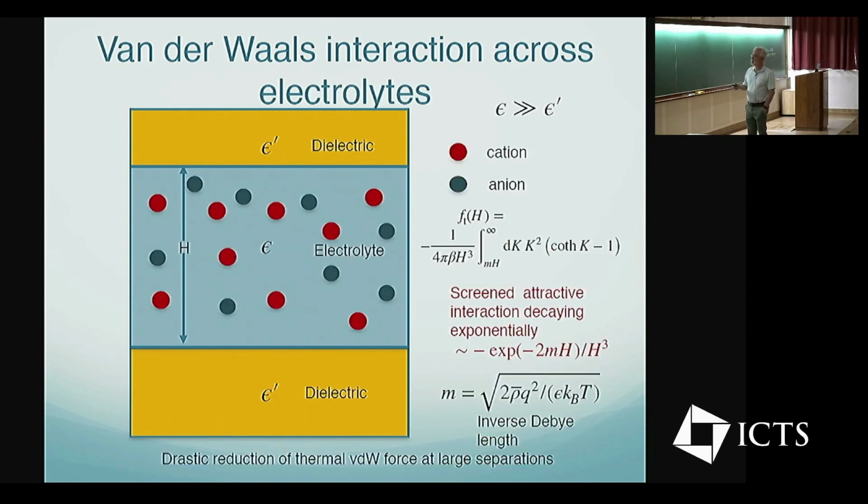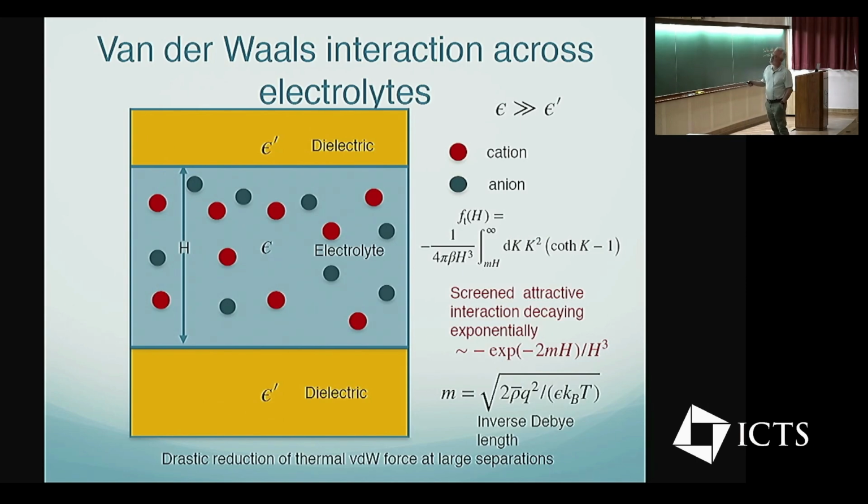Now, the amazing thing is, if you put salt in here, so now this is my fantastic PowerPoint, the red is the cations, these are the ions in the same configuration. Once you put salt in, this long-range Van der Waals interaction, which was decaying like 1 over h cubed, suddenly becomes screened.